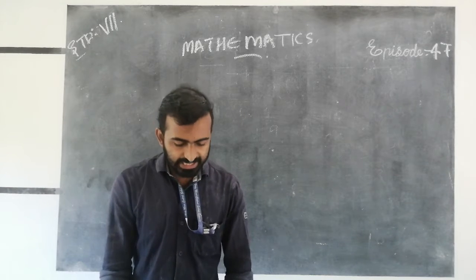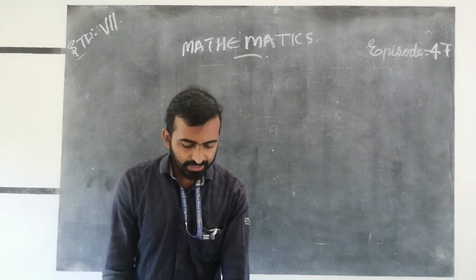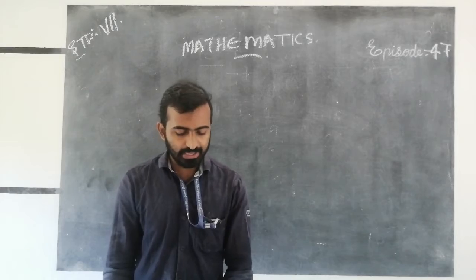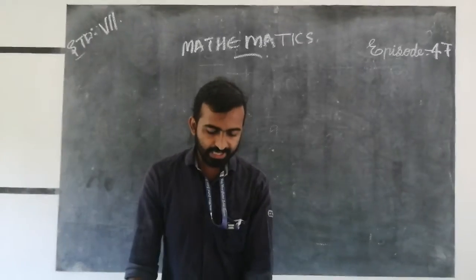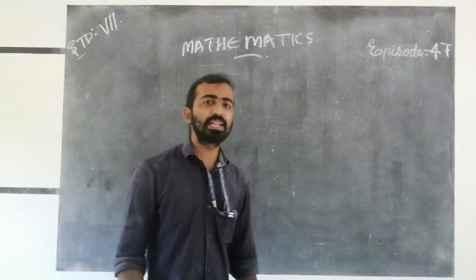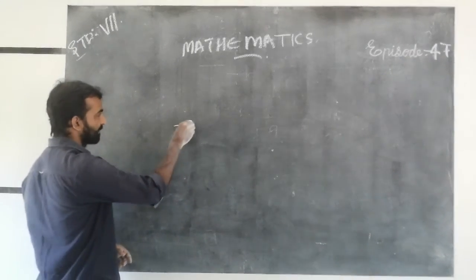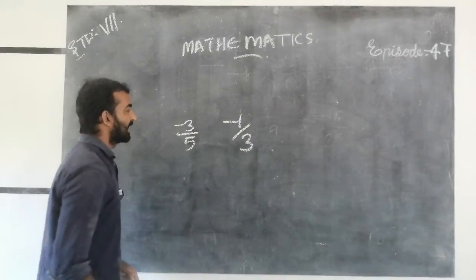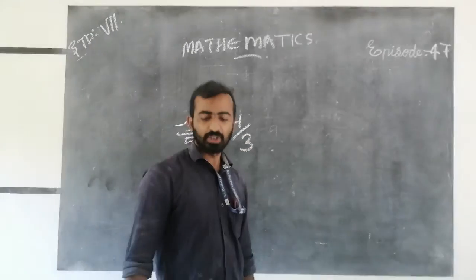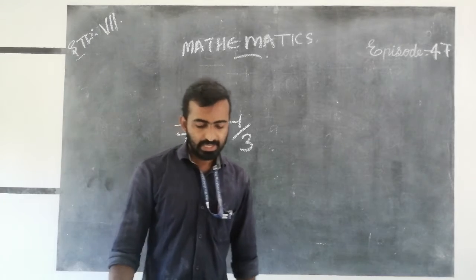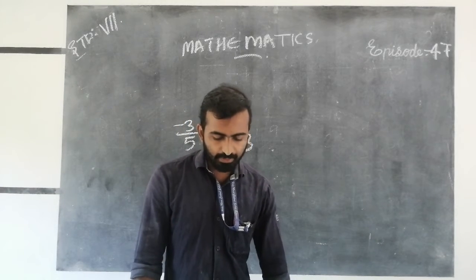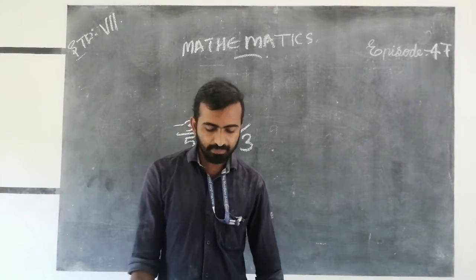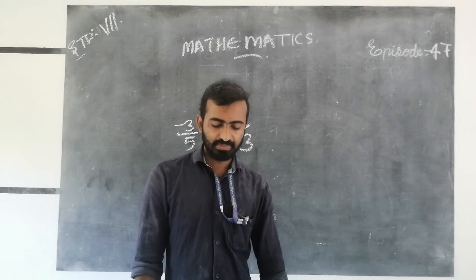We take two rational numbers, negative 3 by 5 and negative 1 by 3. Convert them to rational numbers with the same denominators.